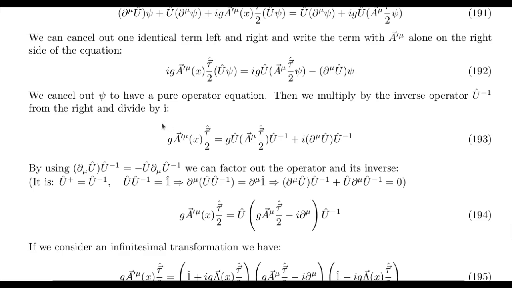So we have 193, and we have no psi and no u on the left side. The first term on the right side now has an inverse operator on the right of the term. And for the last term, we have the derivative of u. Then we use the following equation.